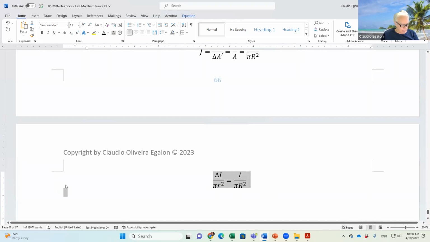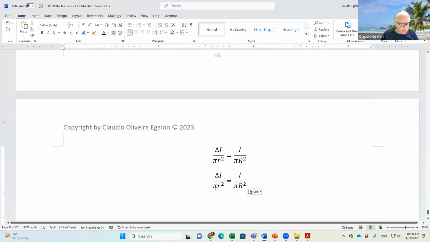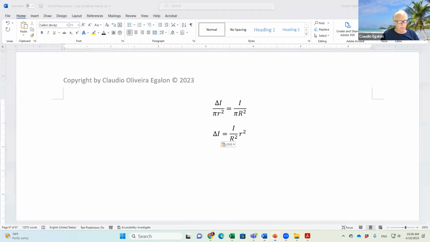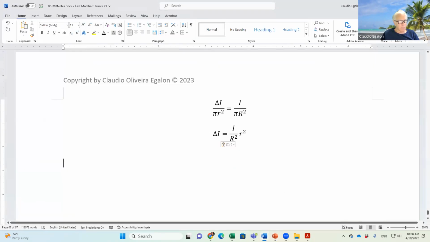Now solve this equation for delta I. The pi goes away, r squared ends up here. And that's how the current changes with a given Amperian loop. And that is going to be my enclosed current, the current enclosed by the loop.